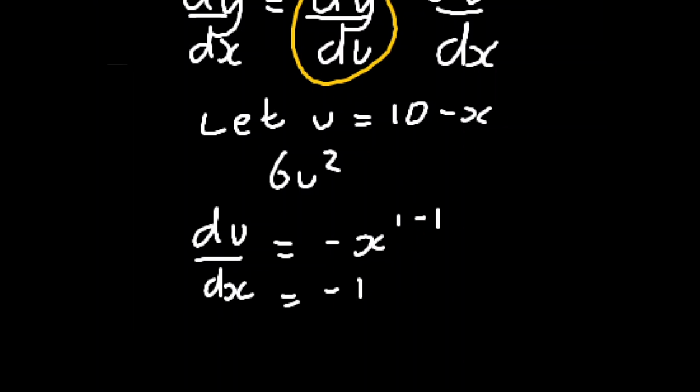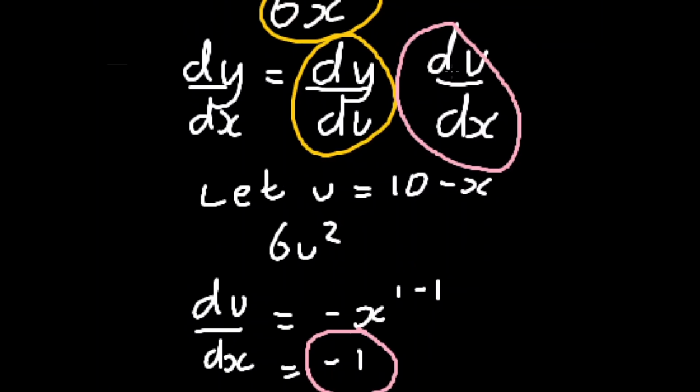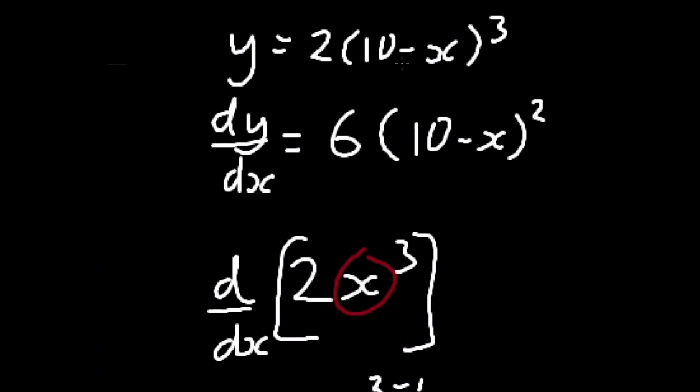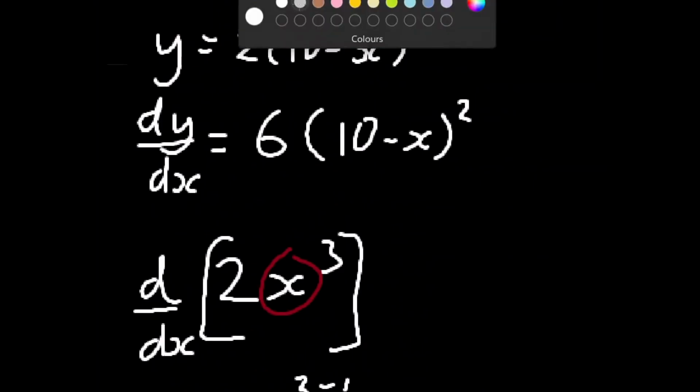And that becomes this next bit here. That minus 1 bit, you've seen that there. We can substitute it in. And so the final result is going to be times by minus 1.